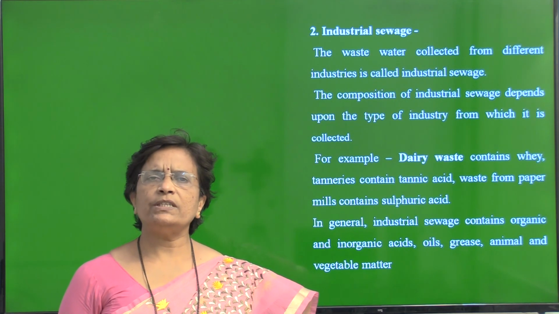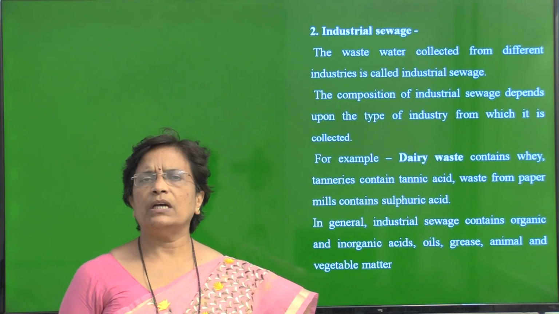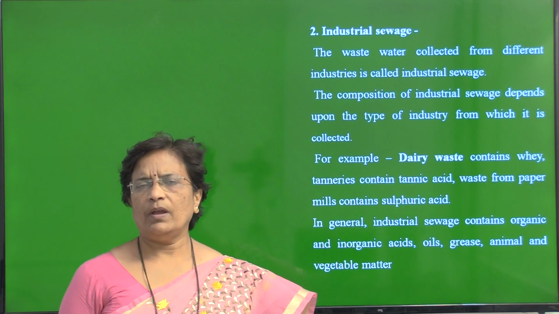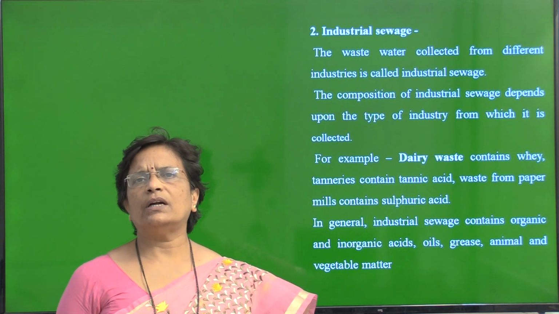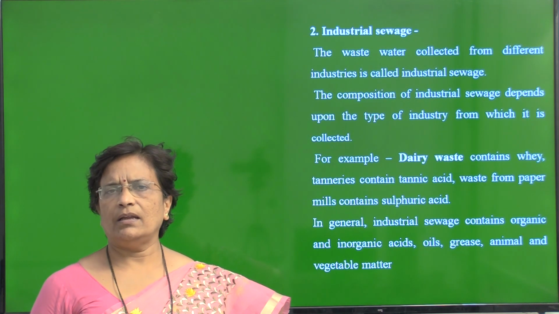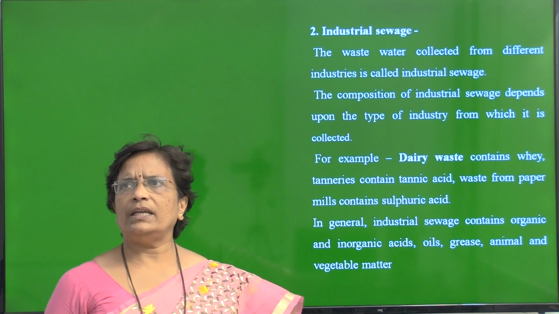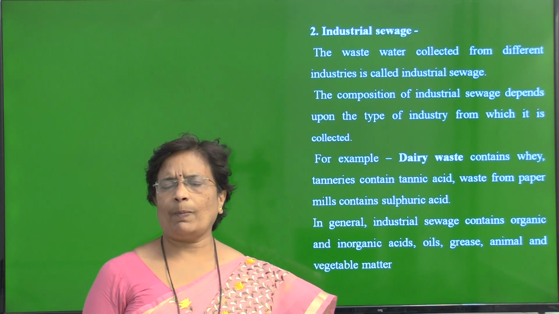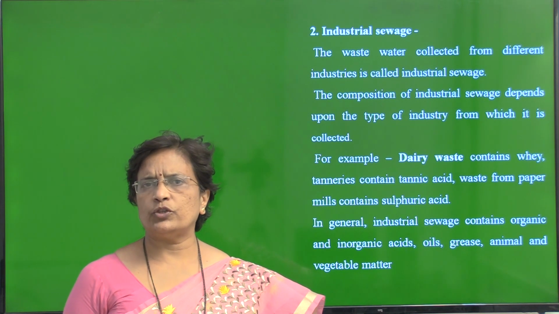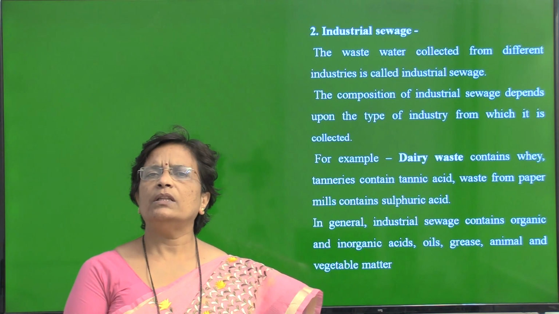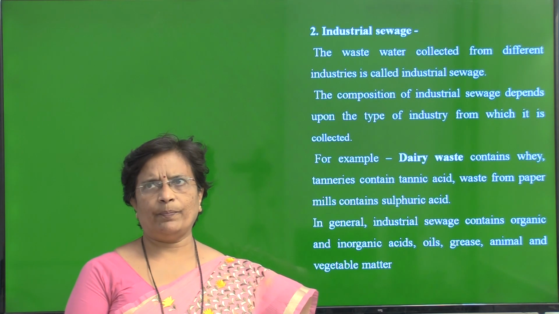Suppose the waste is collected from a dairy industry, this waste contains whey. If it is collected from tanneries, the waste contains tannic acid. If it is collected from paper mills, it contains sulfuric acid. That means the composition of the industrial sewage depends upon the type of industry from which it is collected.